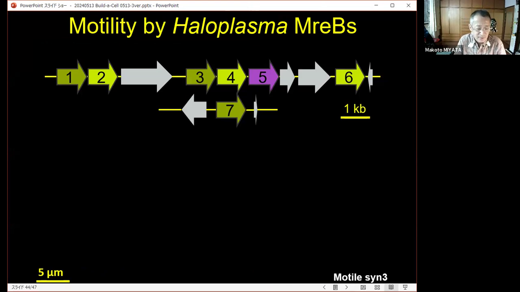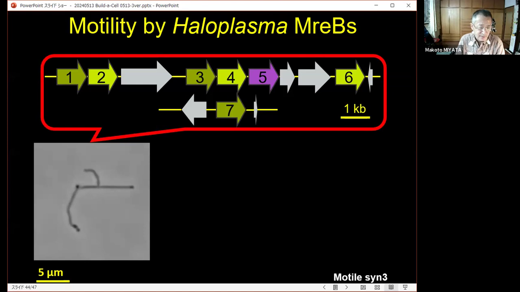And we tried many different combinations of the proteins, expressing them in the Syn3, as we did with Spiroplasma.